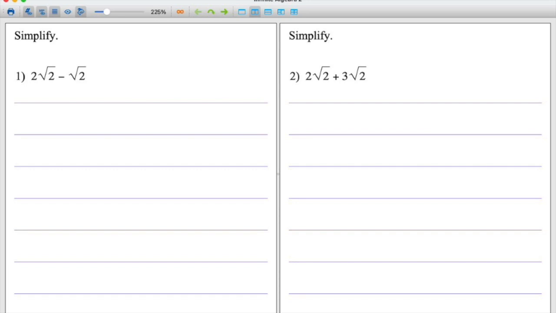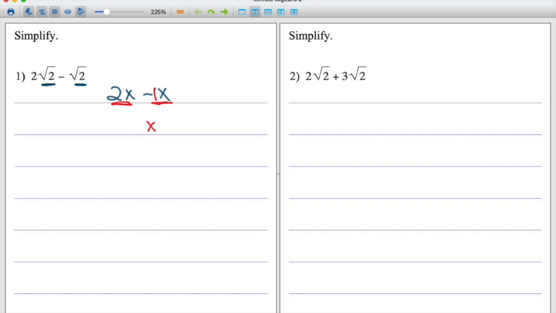Now, when we are adding or subtracting radicals, we're going to treat these like a variable. When I had 2x minus x, this was an invisible 1 in front, and I had 2x, 2 minus 1 is 1. This says I have 2 x's, and I'm subtracting an x, for a total of 1x left, or I could just write x.